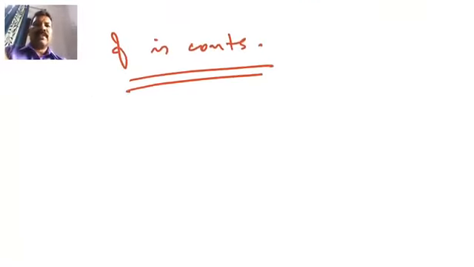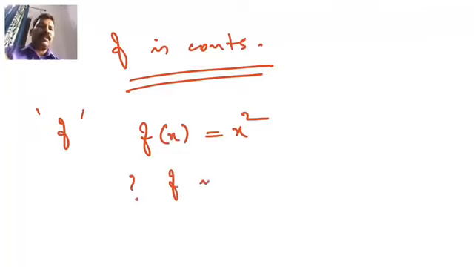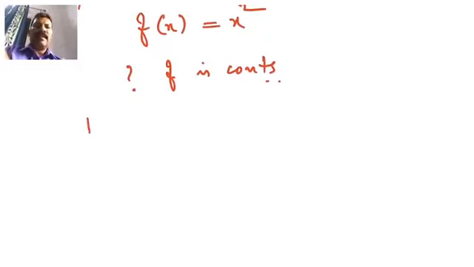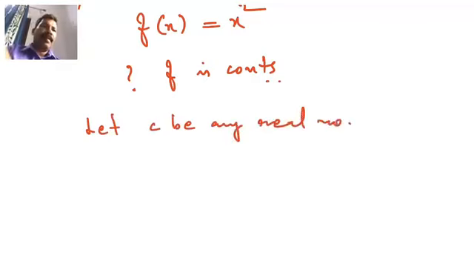Now let us consider the function f defined by f(x) is equal to x square. And here again we can show that f is a continuous function. How to prove it? Again, let c be any real number.